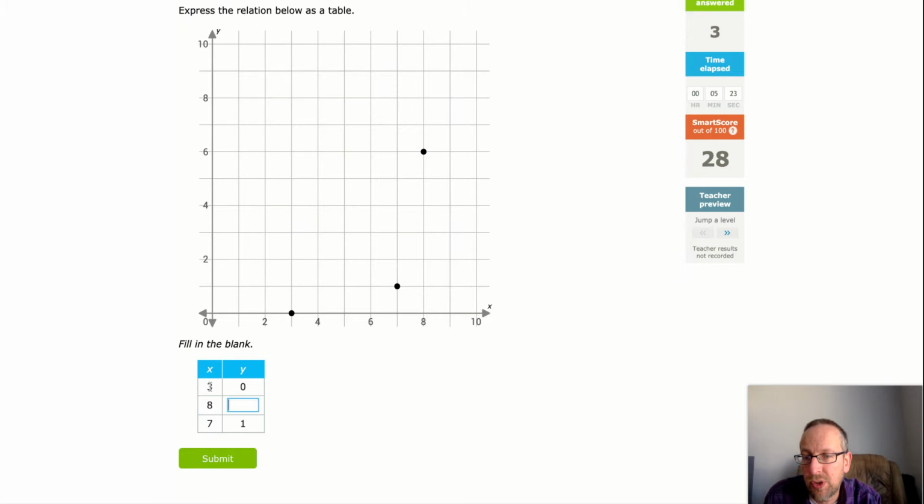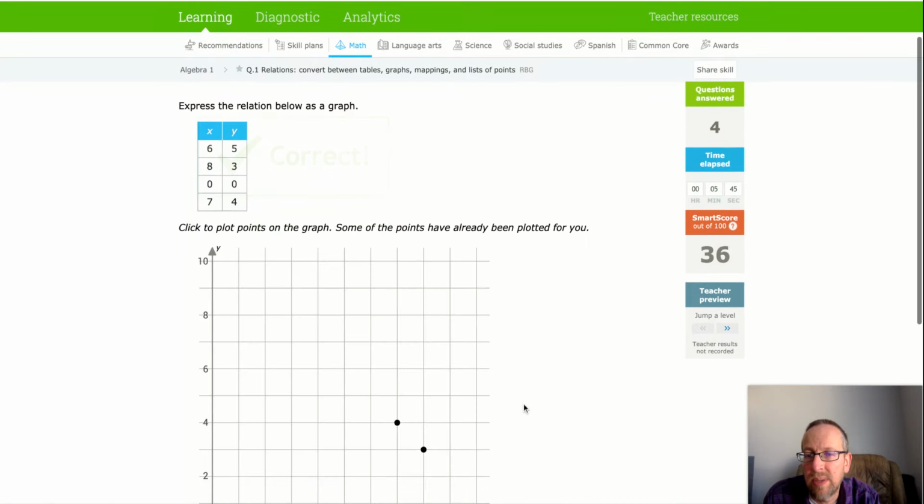X value is 3, but we're not up or down on the y-axis, so it has a y value of 0. X value of 8, so I come over here and find the 8 value on the x-axis. I look up until I find my point. I look left until I see what the y value is that's paired with this x value of 8. It's 6, so I type in 6 and hit submit.